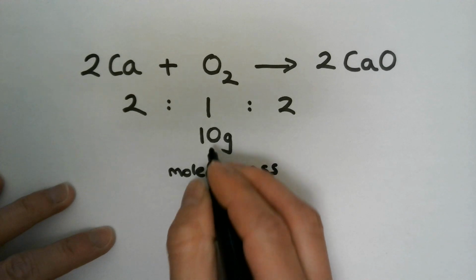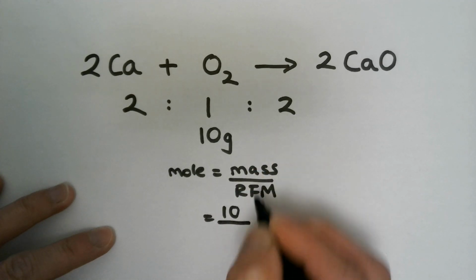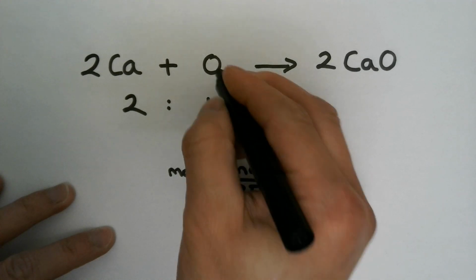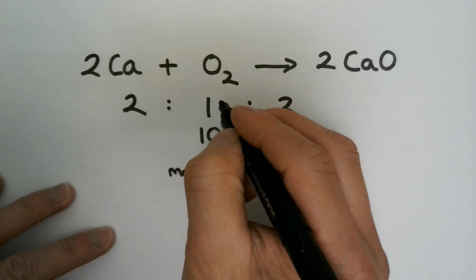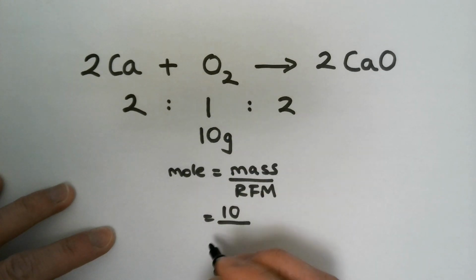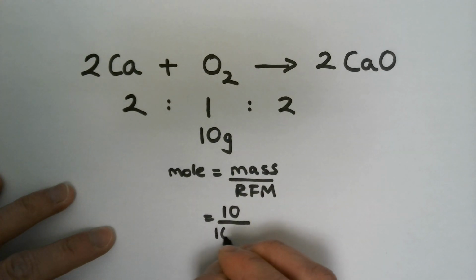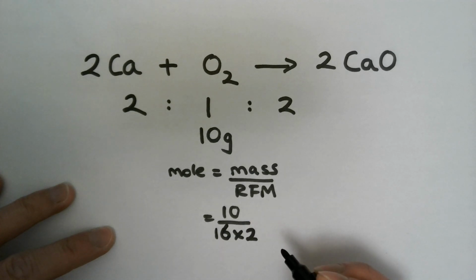Now in this case, I have 10 grams and the relative formula mass of an oxygen molecule. The mass of one oxygen atom is 16, and I have 2 lots of those, so therefore it's going to be 16 times 2, which is 32.